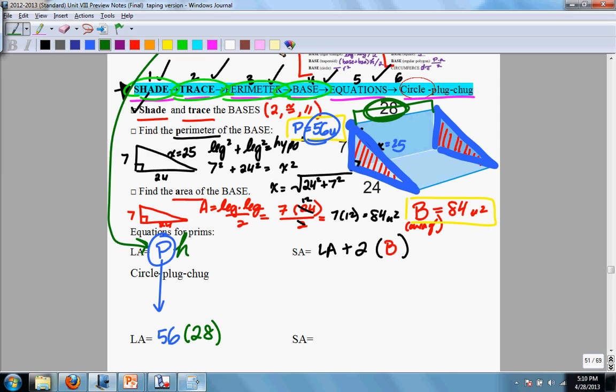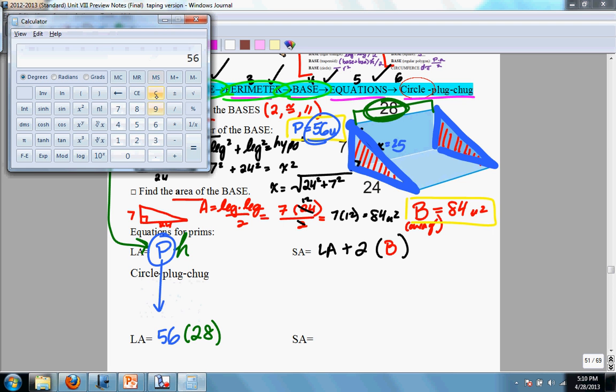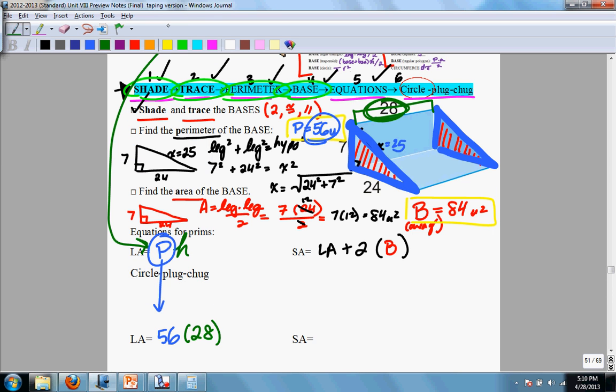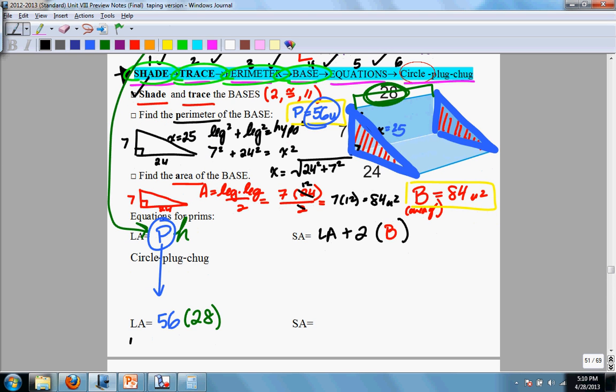So we do 56 times 28, and we get 1,568. So we write lateral area equals 1,568 units squared. That would be the area around the sides.